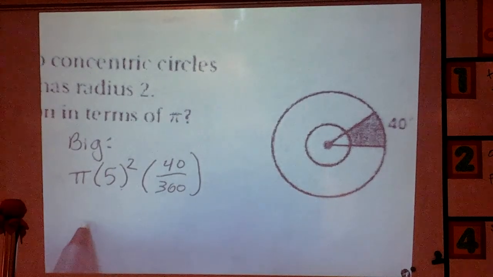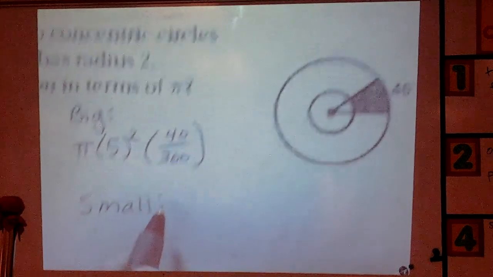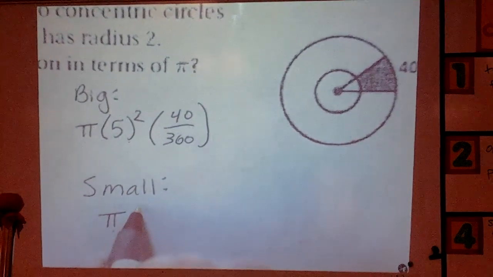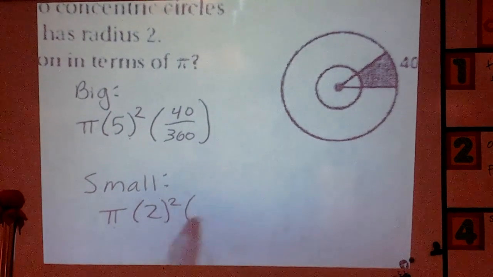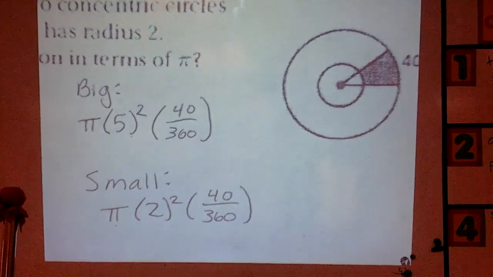Setting it up for my small one. The smaller circle has a radius of 2. Pi, what's my small radius? 2. What section do I care about? 40 out of a total of 360.